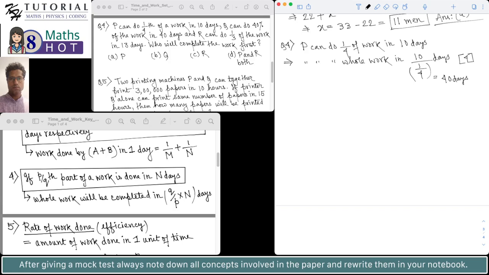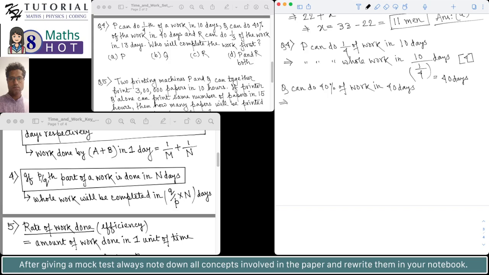Similarly, for Q, it is given Q can do 40% of work in 40 days.